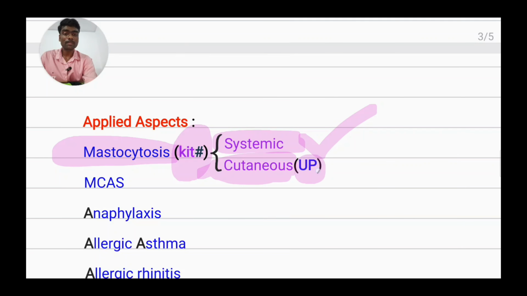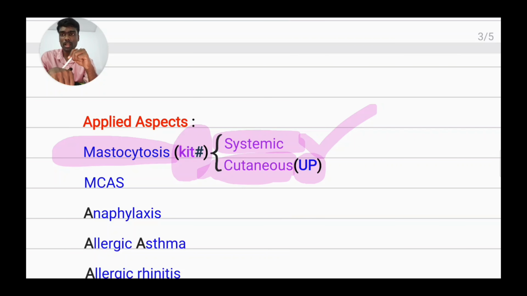Here, cutaneous mastocytosis is also known as urticaria pigmentosa. Abnormal mast cells will be more in number, which we can see with our eyes like brown patches on the skin. If we stroke that brown patch, mast cells will get stimulated and there will be formation of wheals on that stroked area, on that patch.